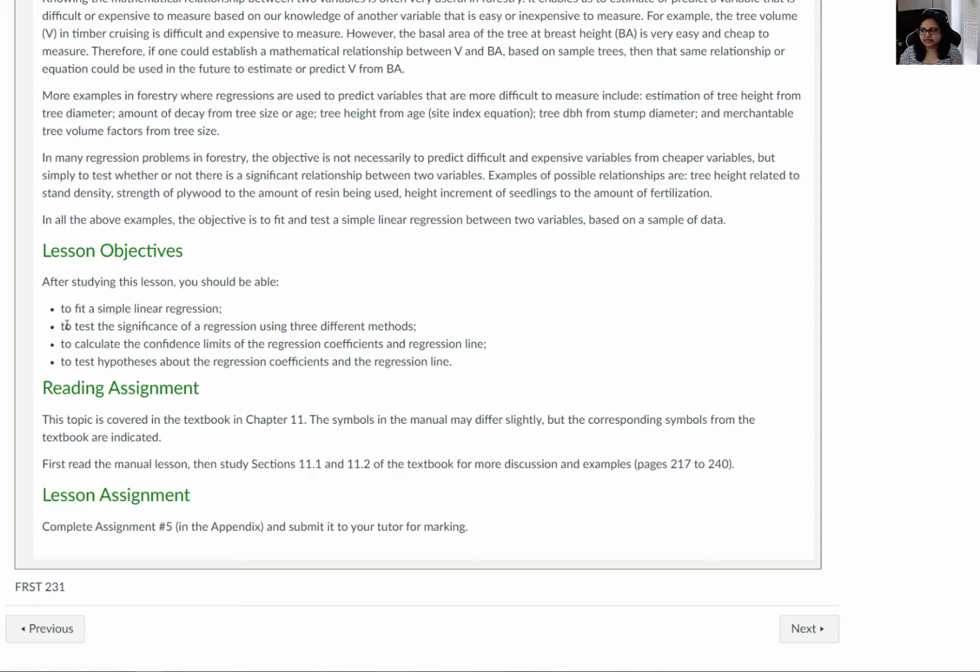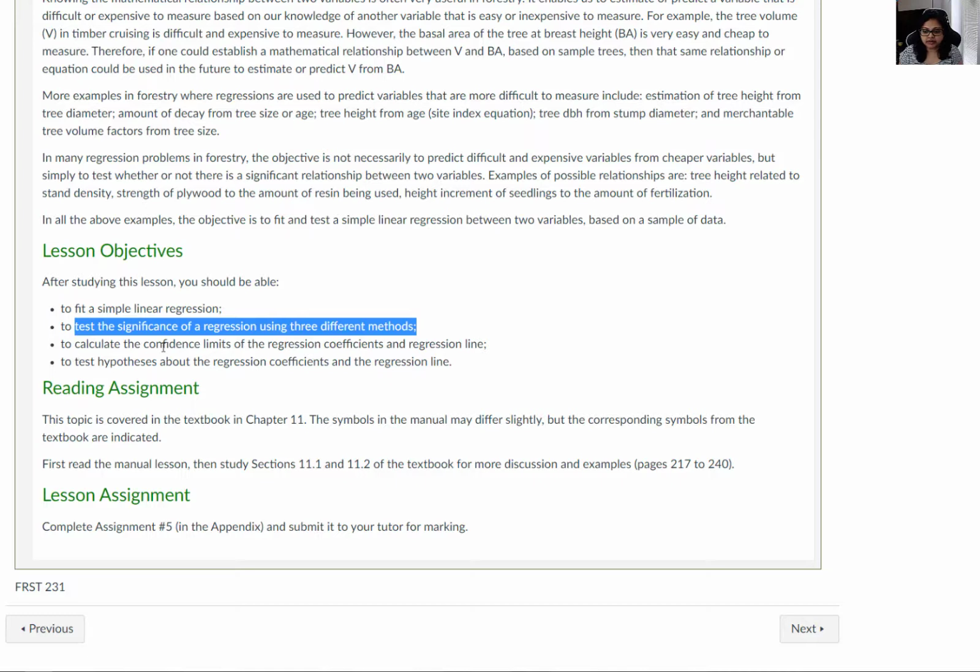So the objective we have in this lesson is fitting a simple linear regression model and testing the significance of that regression, because what we are developing, is it at all meaningful? Does it have any significance? We will do a test. We learned before how we can perform hypothesis tests, so that's what we will be doing here as well.